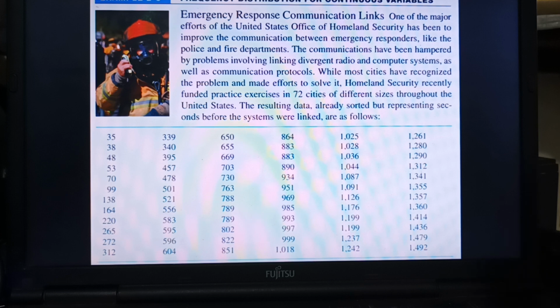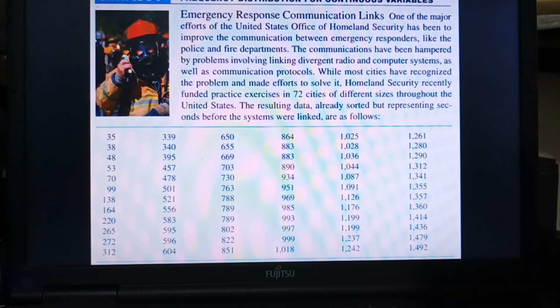The communications have been hampered by problems involving linking divergent radio and computer systems, as well as communication protocols. While most cities have recognized the problem and made efforts to solve it, Homeland Security recently funded practice exercises in 72 cities of different sizes throughout the United States.